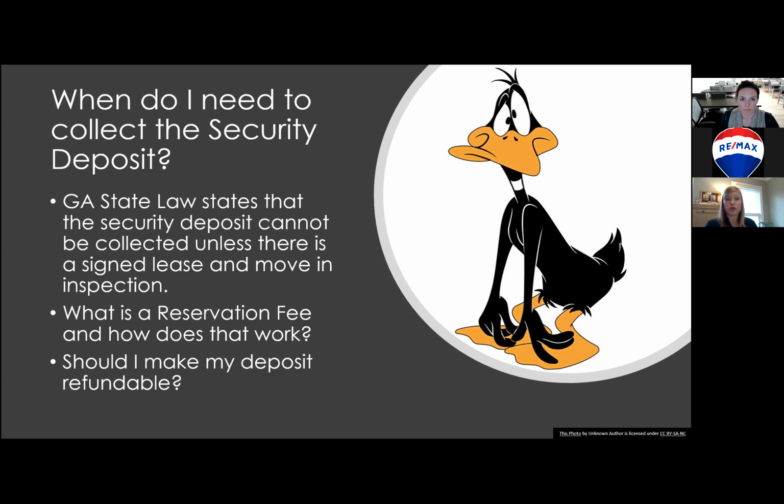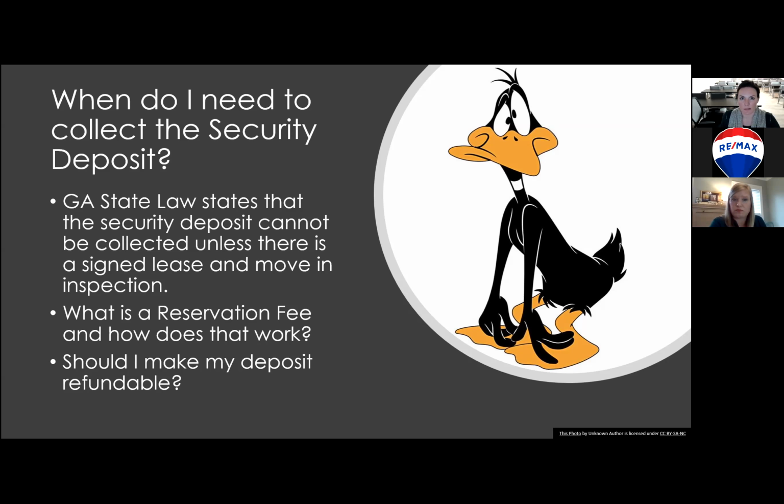So the security deposit is exactly what it is. It's a deposit for security of the property, and so it should be refundable at the end of the lease. Your GAR is automatically written to allow this to be fully refundable. It's only if you were to write some stip that would cancel that out.